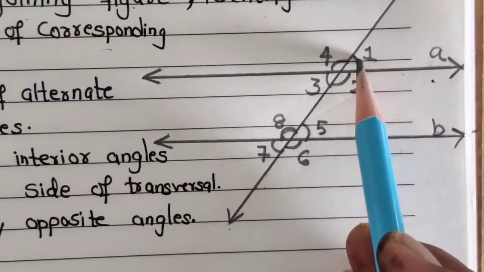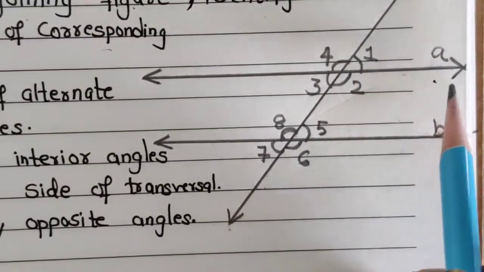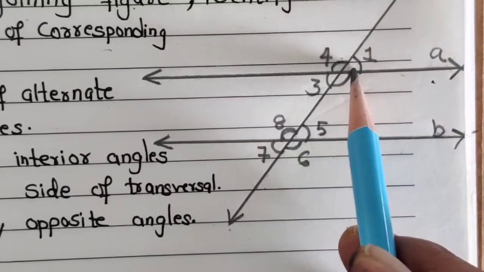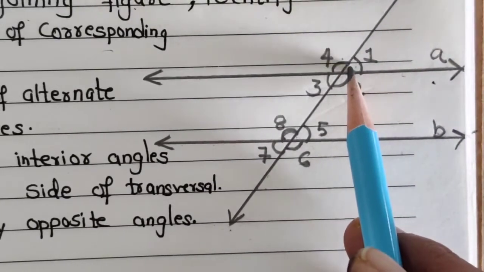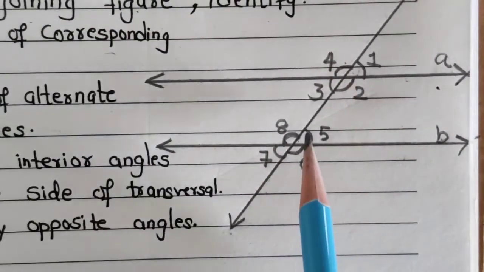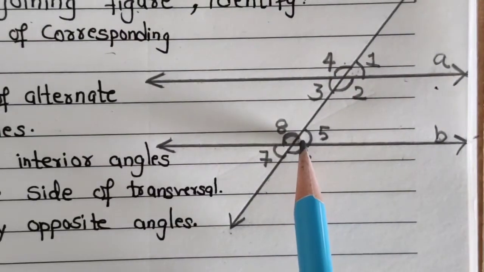We start with angle 1 on line A; its corresponding pair will be on line B at the same place. So angle 1 and angle 5 are the corresponding pair.